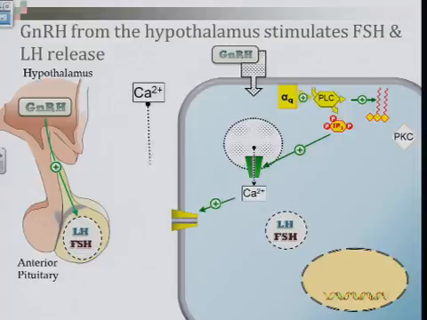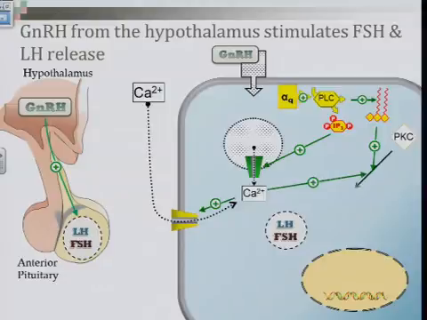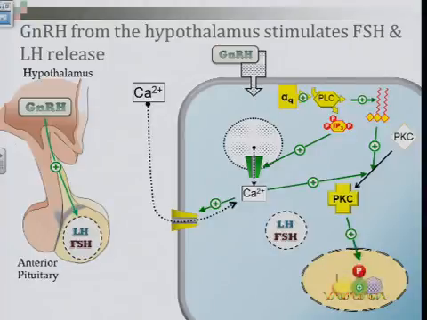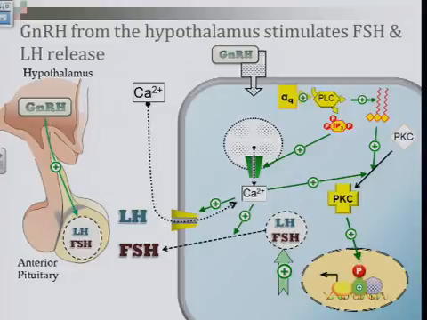That calcium then opens another calcium channel, further increasing the calcium inside the cell. Again, I'm not that concerned, you know the difference. The calcium and the diacylglycerol activate protein kinase C. Protein kinase C, through a transcriptional program, causes transcription of LH and FSH, and the calcium promotes release of LH and FSH.